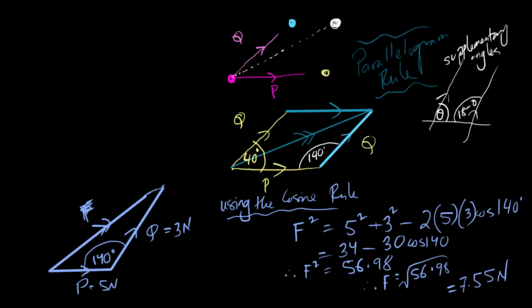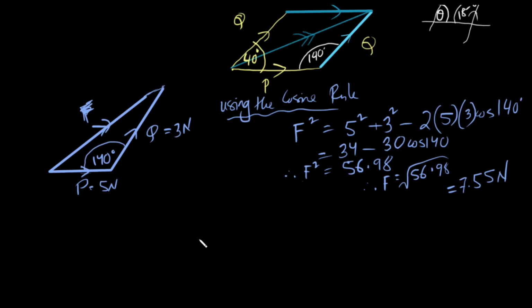So F is about 7.55 Newton. Now find, in degrees to one decimal place, the angle that the resultant force F makes with the force P. So the direction is going to be a particular angle that they're asking for. Let me call this angle theta.